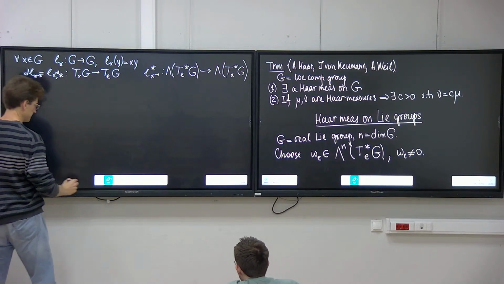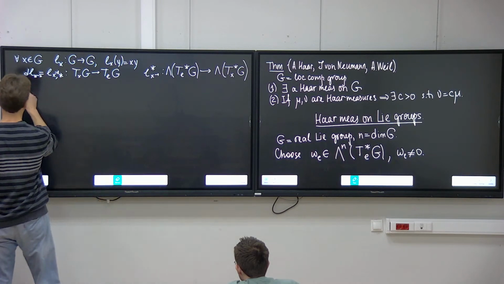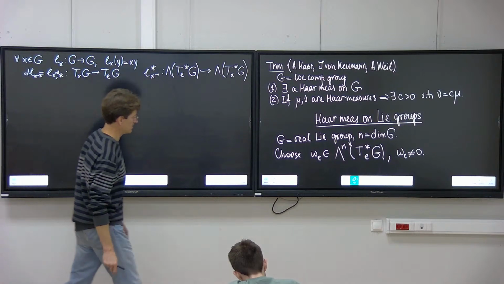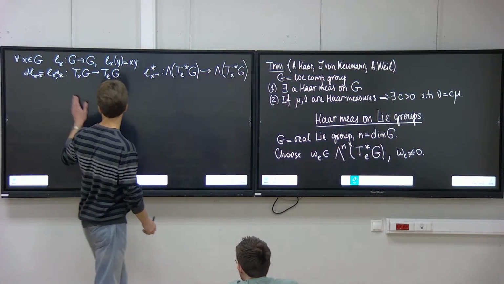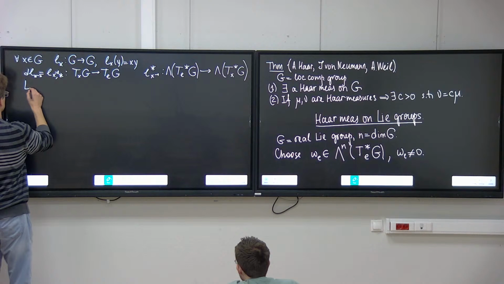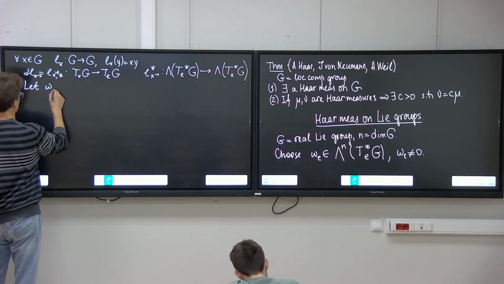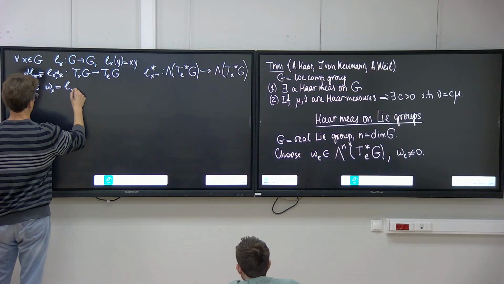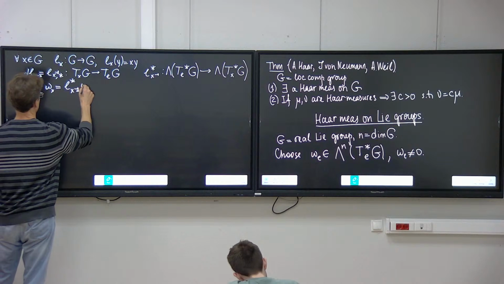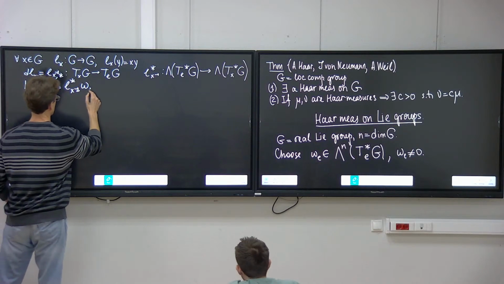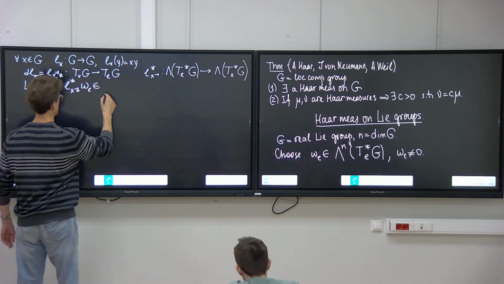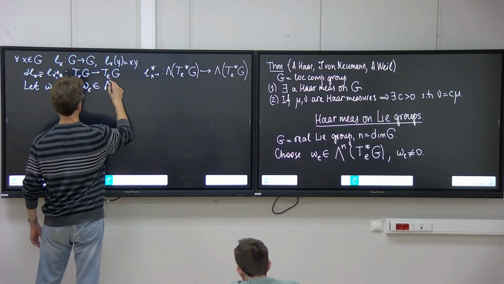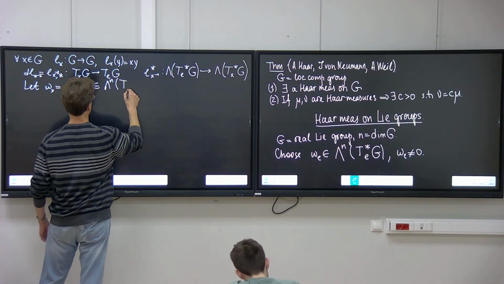And now let omega of x denote the image of our element omega e under this map. So this is an element in the higher exterior power of the cotangent space at x.